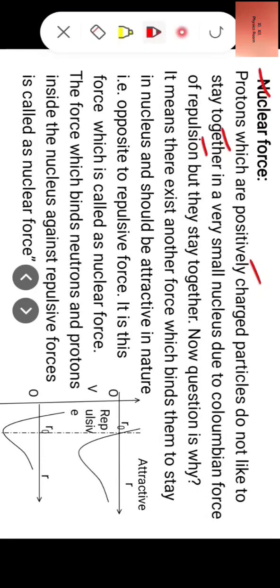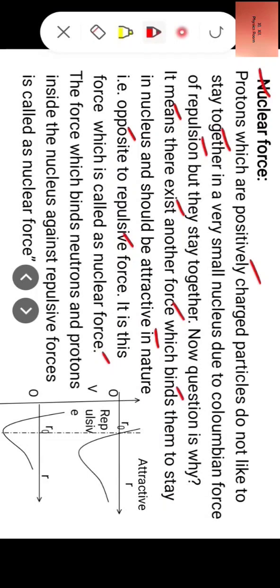Now, question rises, why they stay together in such a small space? It means there exists another force which binds them to stay in nucleus and should be attractive in nature, that is, opposite to repulsive force. It is this force which is called as nuclear force.